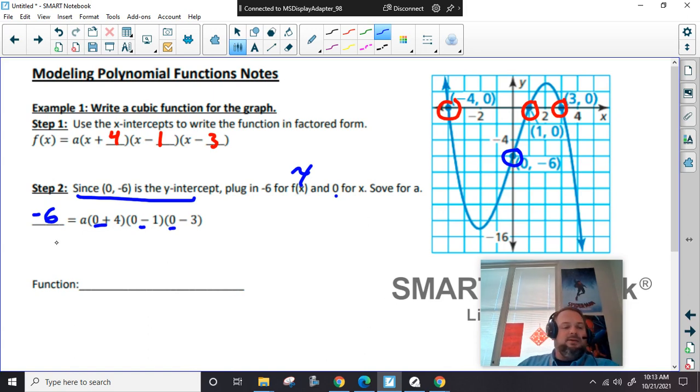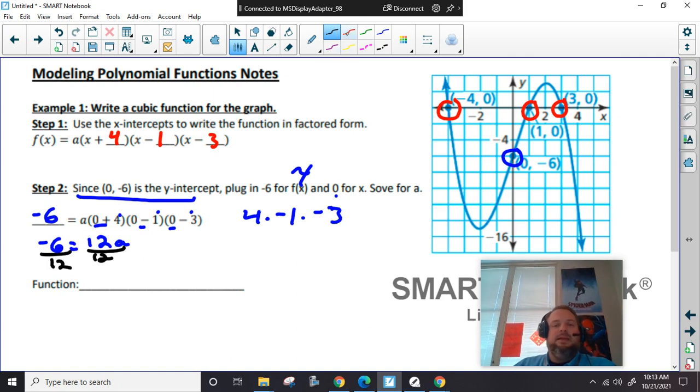So we have -6 equals, let's see, what's 4 times -1 times 3? -3. Yeah, it is 12. So we have 12a. And what would we do to solve that? Yep, divide by 12.